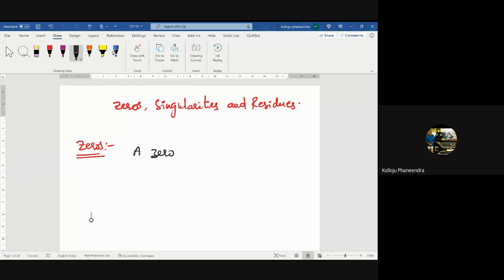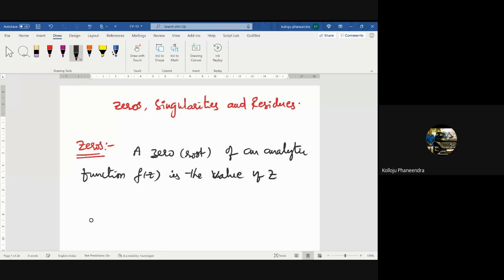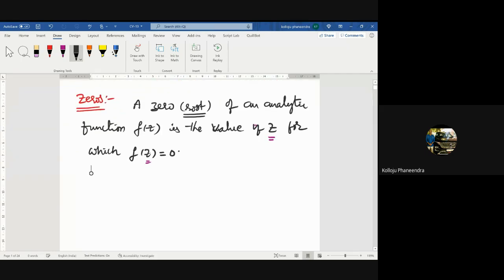A zero of an analytic function f of z is the value of z for which f of z equals 0. This z value satisfying the function is called a root. A zero is also called a root of the function.